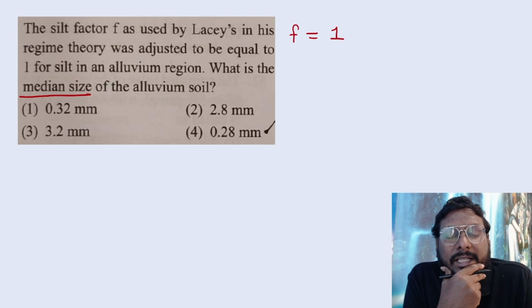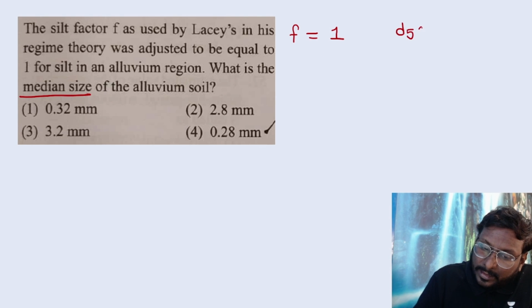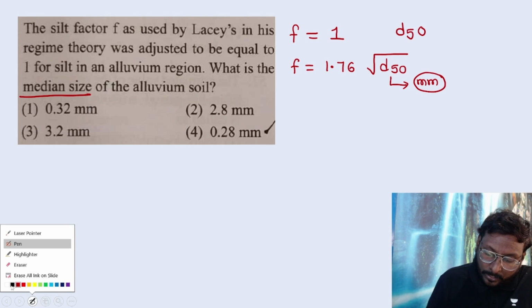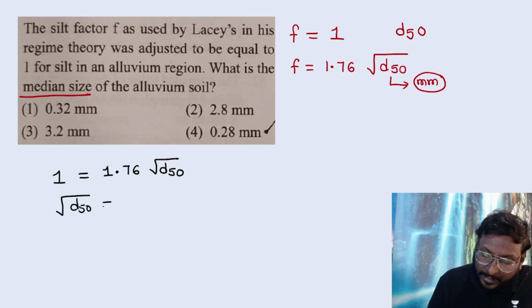What is the median size of alluvial soil, D50? The silt factor formula is F equal to 1.76 root D50, with D50 taken in mm. So root D50 is 1 by 1.76.